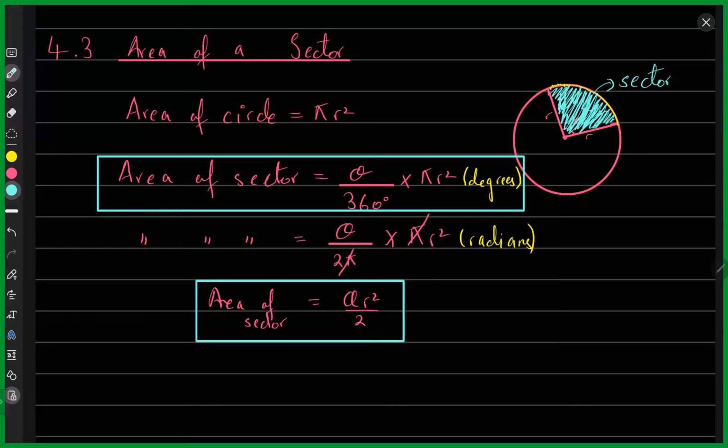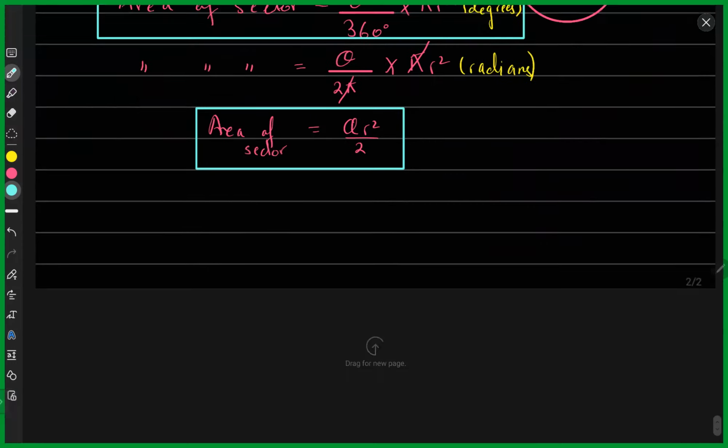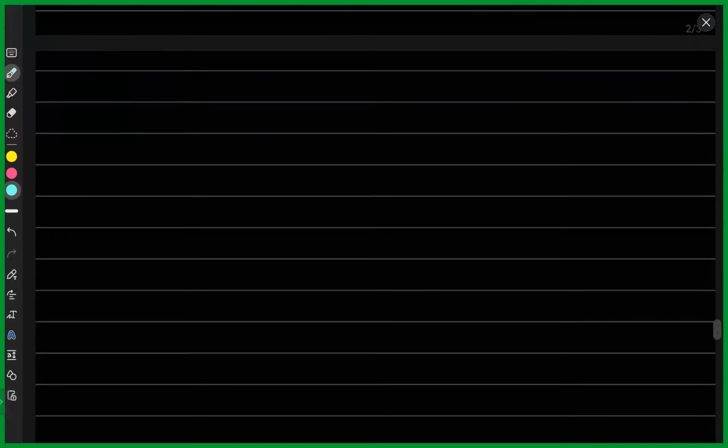So yes, again, just like yesterday, let's talk about one basic example, and then we'll talk about past paper questions. The basic example is just to get used to the formula.